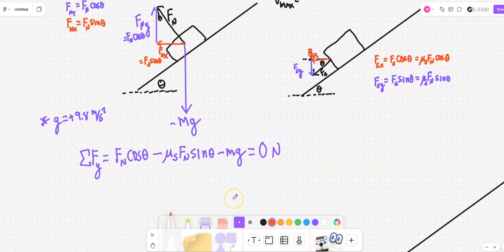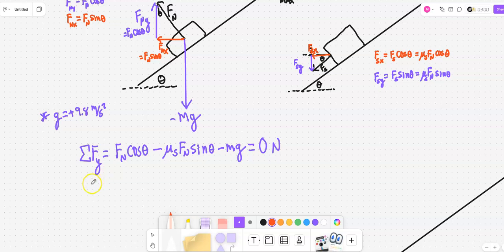Let's take a look at the sum of the forces in the x direction. Now remember, this is going to give us our centripetal force. So whatever the net force is pulling towards the center of the circular path, that's going to be our centripetal force. So let's take a look and see what we have. We have, going to the left, we'll make that positive towards the center of the circle.